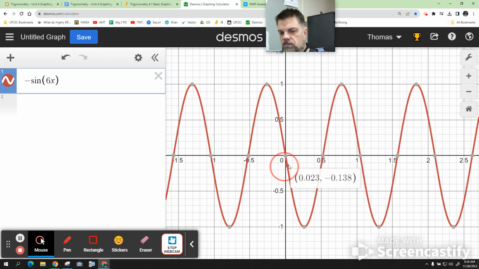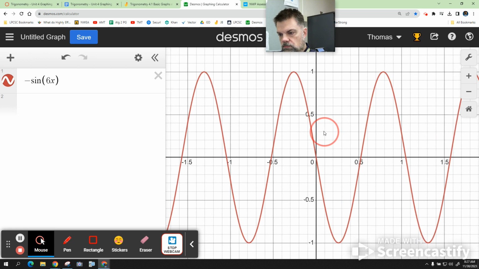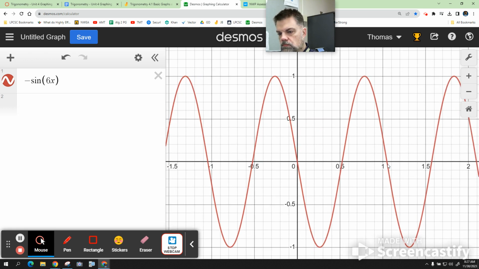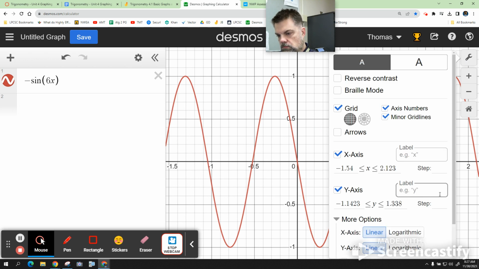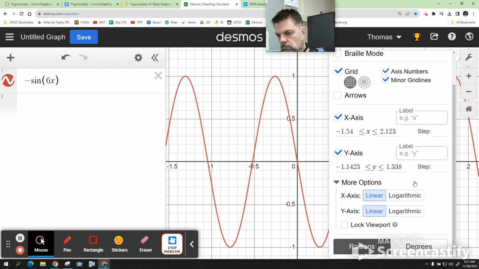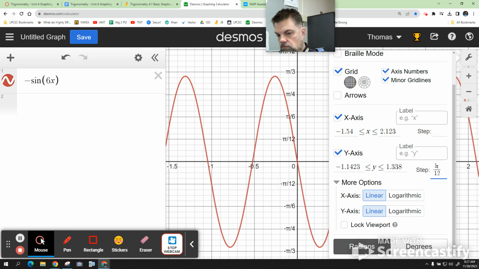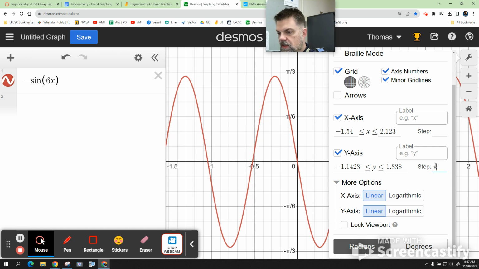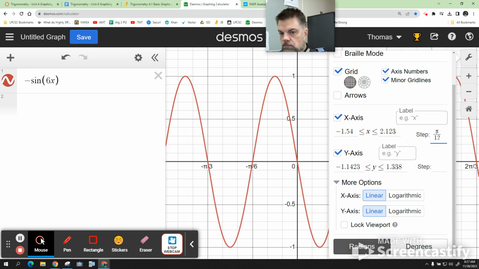So we're just going to go. No, I don't want that for the y-axis. There you go.